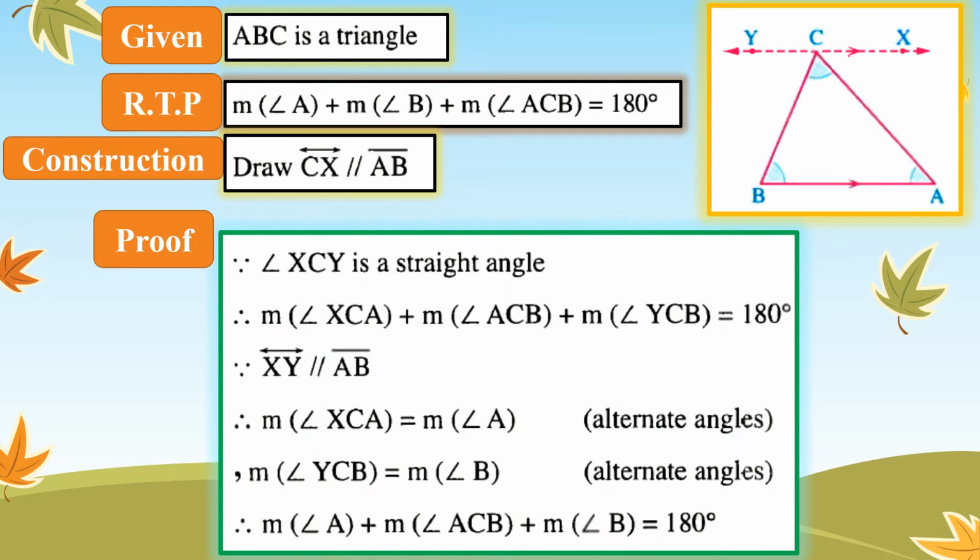Proof: since angle XCY is a straight line, then measure of angle XCA plus measure of angle ACB plus measure of angle YCB equals 180 degrees.